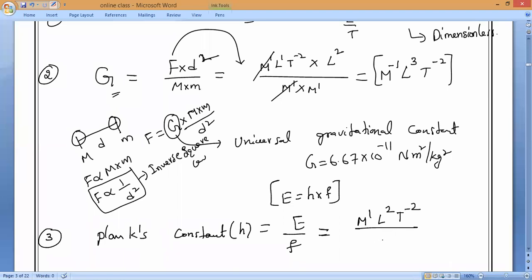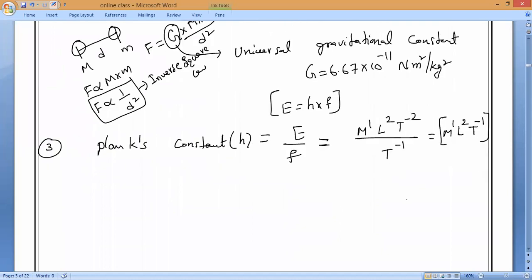Frequency, what are the dimensions? T power minus 1. You have to verify it. Then what dimensions will come? M power 1, L power 2, T power minus 2, and T power minus 1 will go up, it will become plus 1. So it will become minus 2 plus 1, it is minus 1. Yes or no?